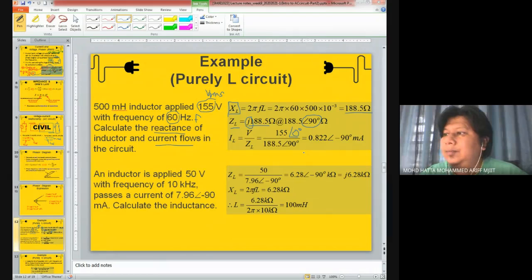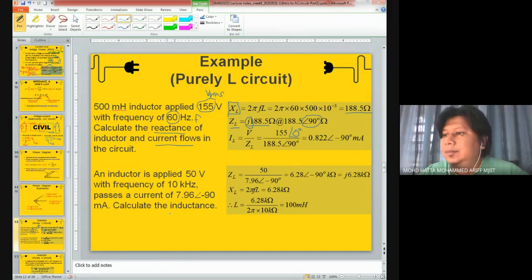Okay, that should be enough. If you put it as, for example, 10 degrees or whatsoever, that also can work, because the question itself didn't state the angle of the voltage. But normally, if the angle is not stated, we will regard it as 0 degrees. All right.